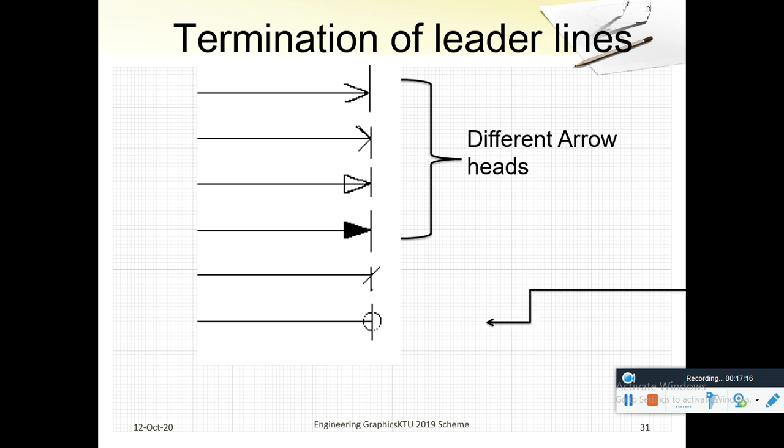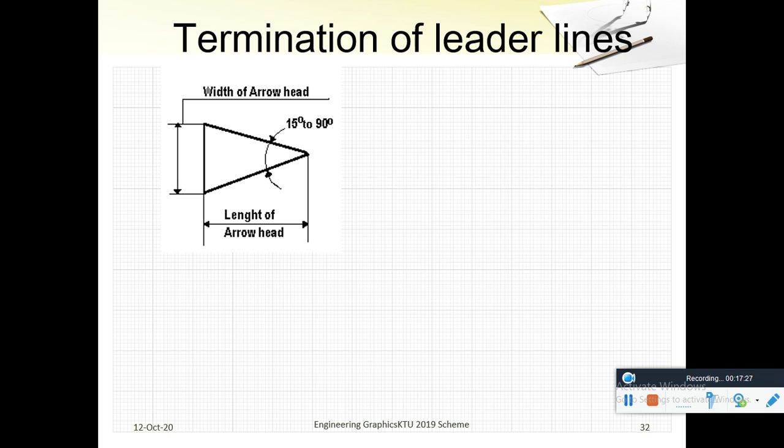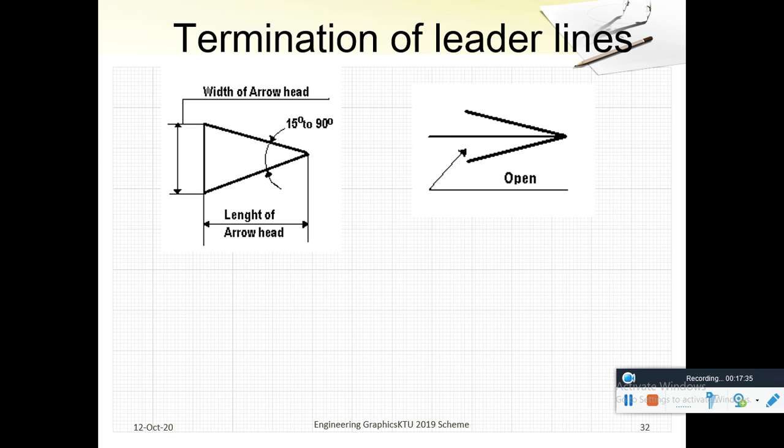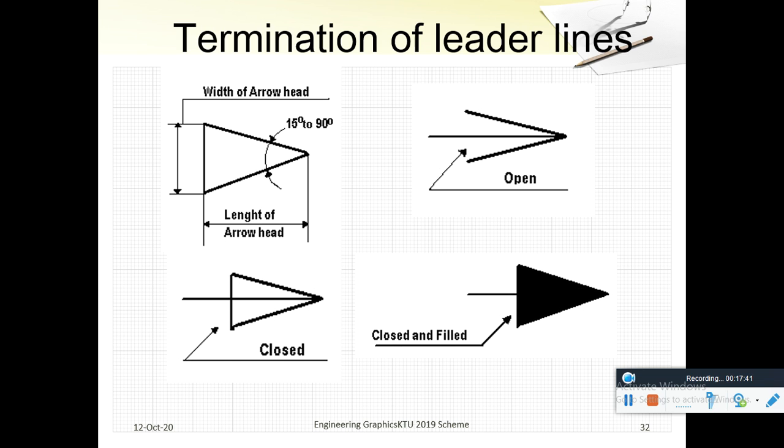Different arrowheads. Sometimes origin can be indicated by marking an O at the end. Usually it is drawn at 15 degrees: open, closed type, closed and filled type. Different arrowheads are used.